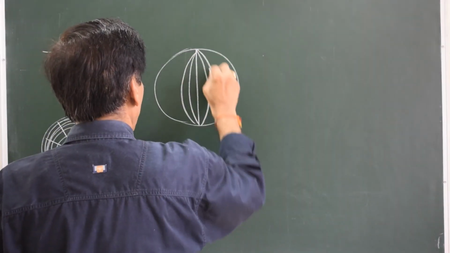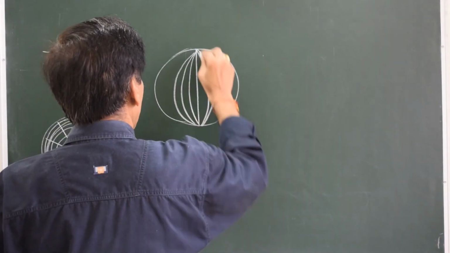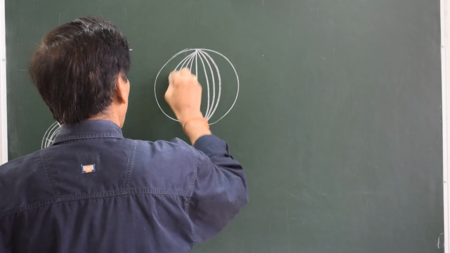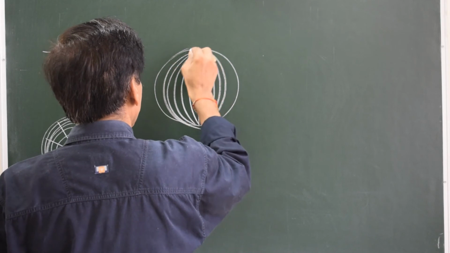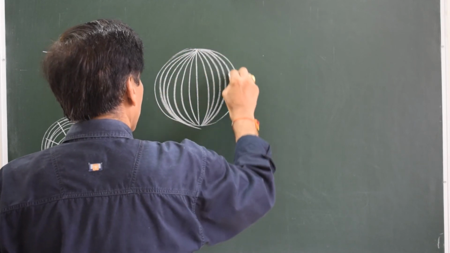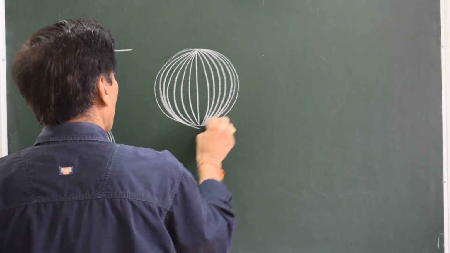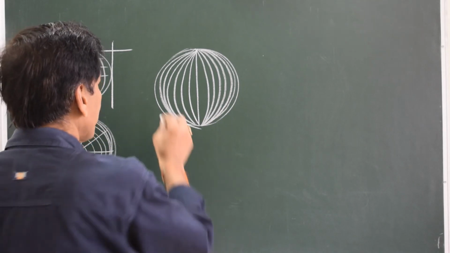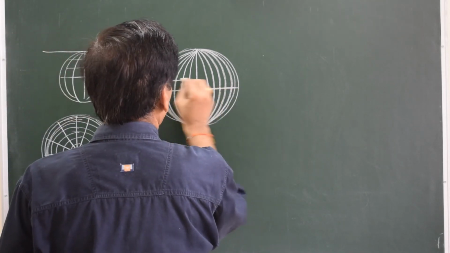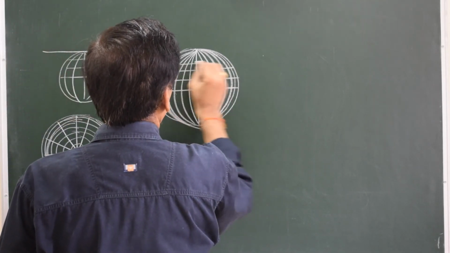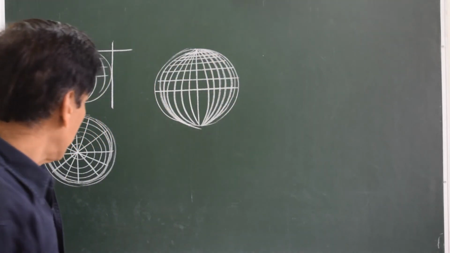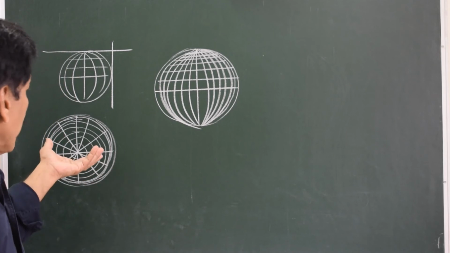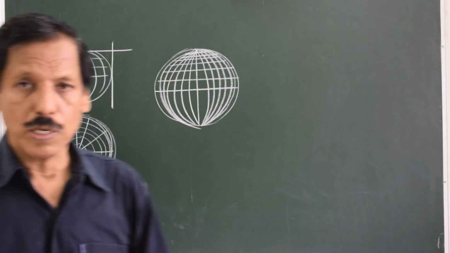Look at the spacing between the meridians as we go more and more close to the periphery. This is how the projection would appear. Same thing happens to the parallels of latitude. As you go towards the pole, the distance between them reduces. So this is orthographic projection, this one is polar, and this one is equatorial.